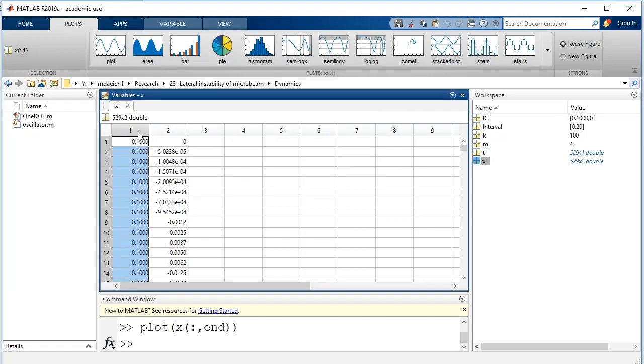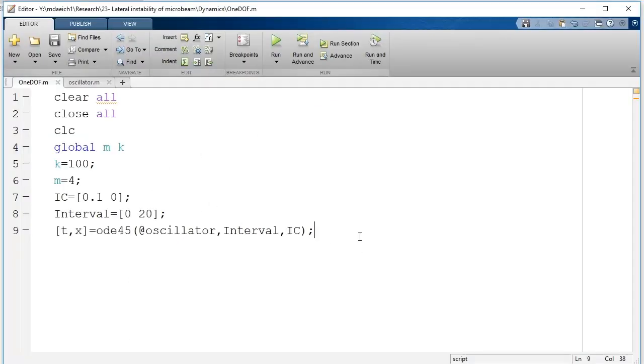So actually, let's plot these columns here, x for example, in our code, because we want to do some comparison. Let me go here and say figure, and plot t.